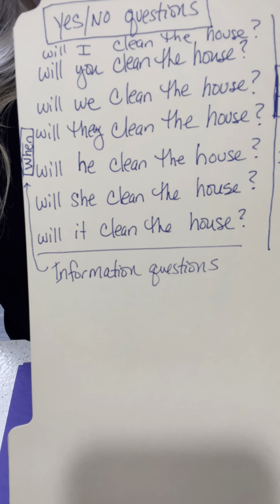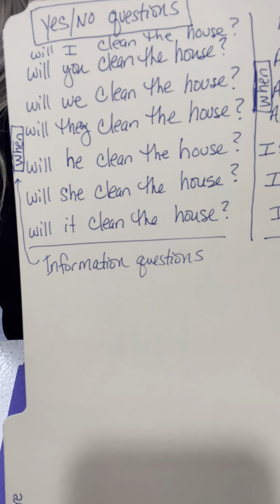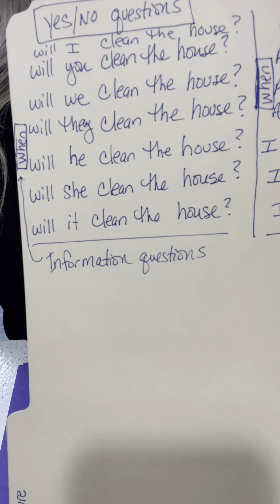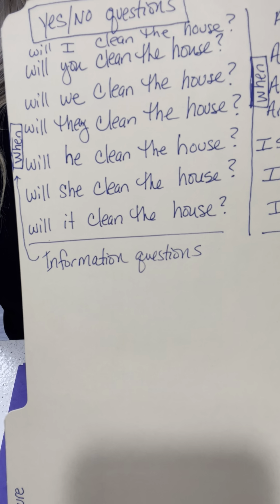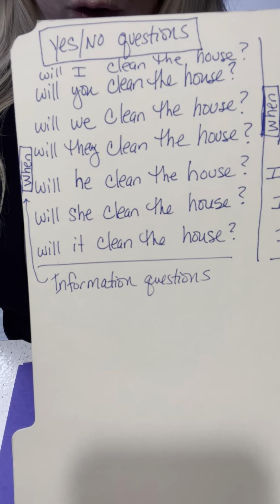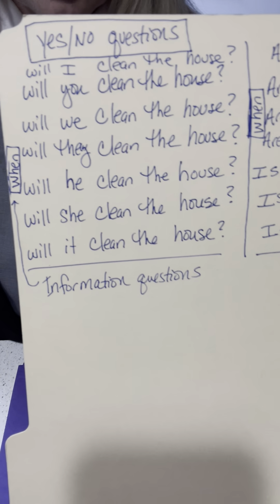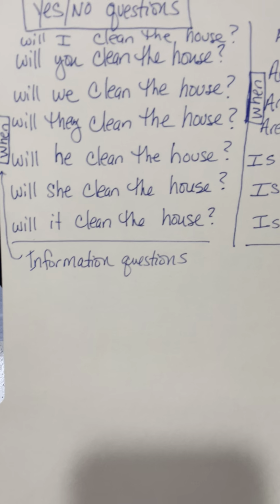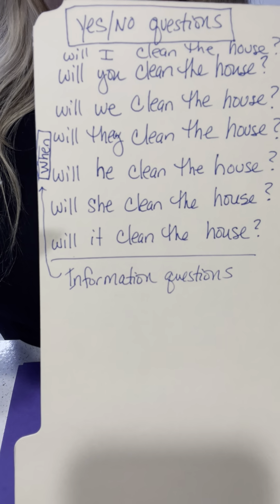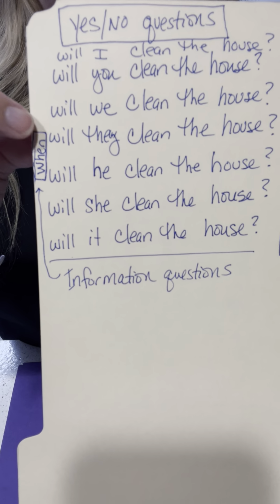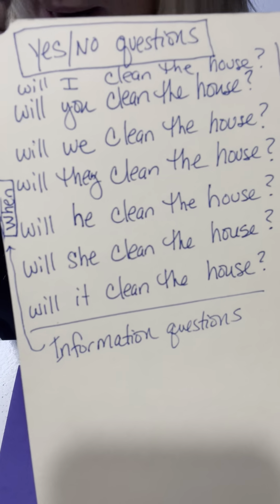Now, the other type of question is an information question. And with those questions, we need a WH word in front, such as who, what, when, where, why, and how. I'm sorry, I squeezed it in here, but I put when.